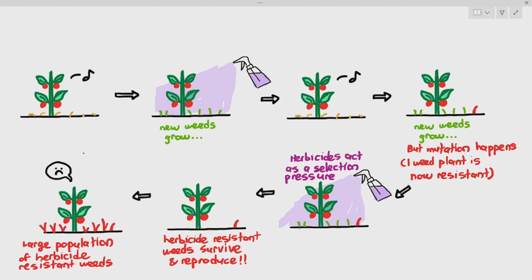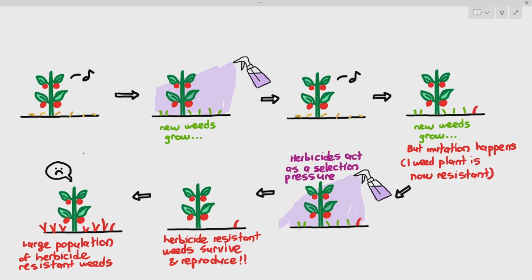So the act of using herbicides will ironically eventually lead to a large population of weeds in the area which are herbicide resistant. It's kind of the same if you remember when we studied in chapter 17, selection and evolution. I told you that overusing antibiotics will eventually lead to antibiotic resistant bacteria. It's the same thing over here as well.